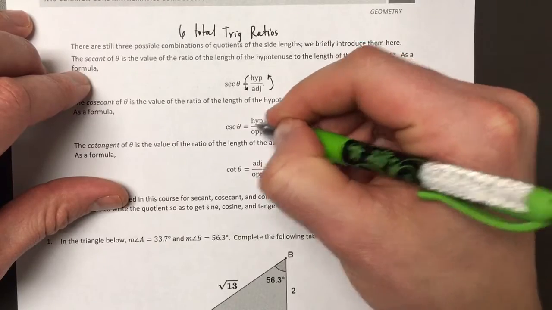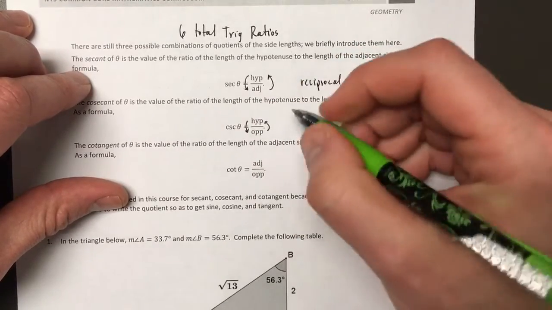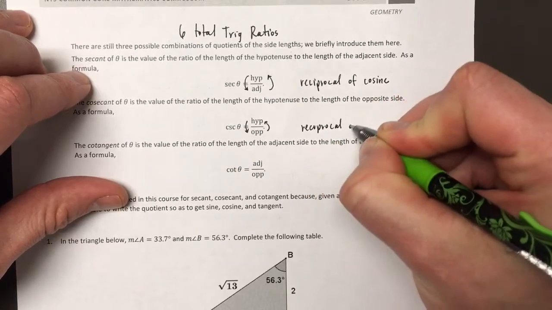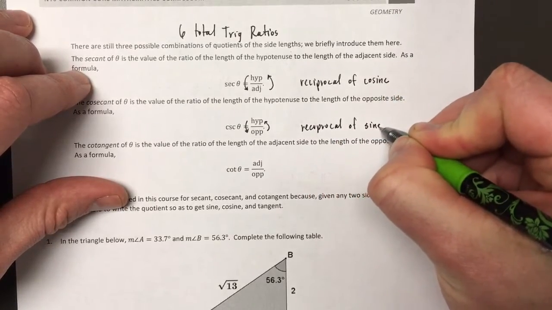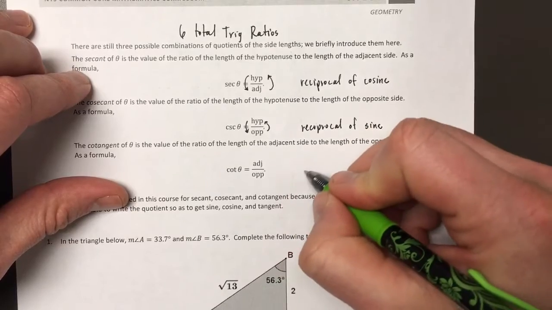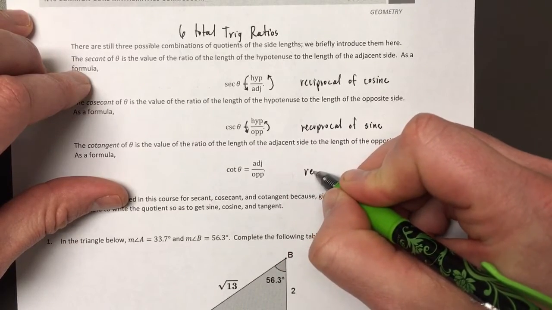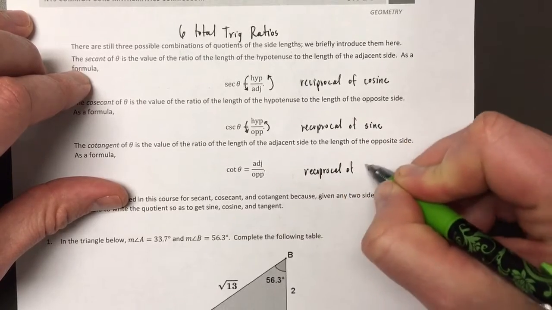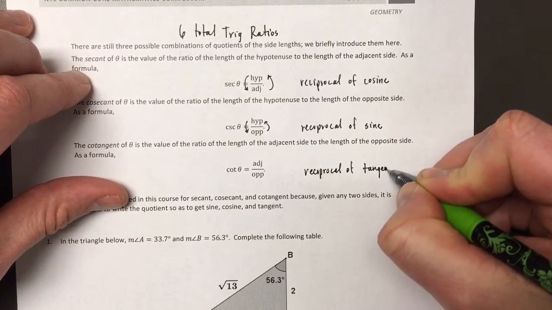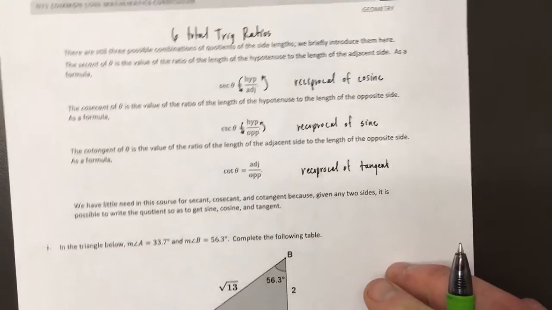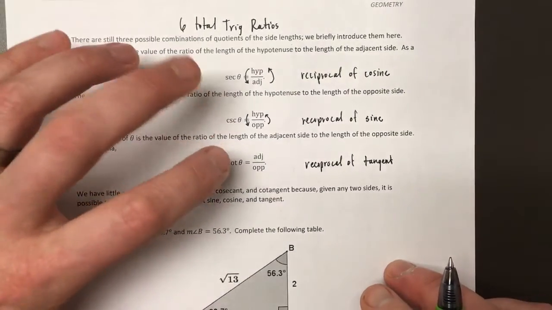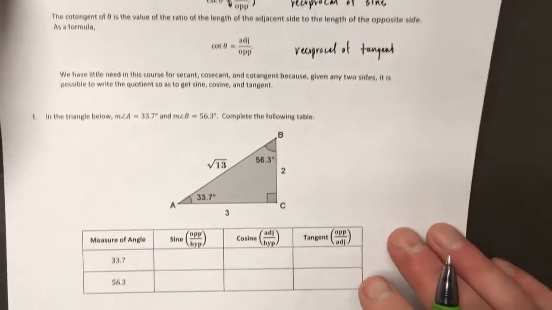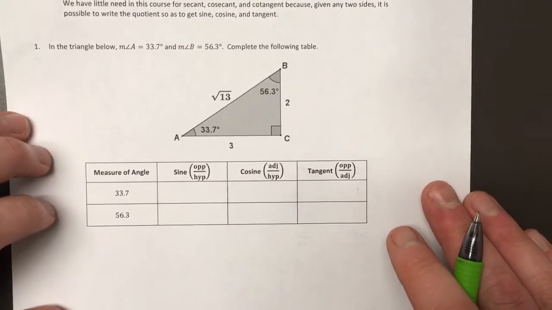Cosecant is the reciprocal of sine, and then opposite over adjacent is the reciprocal of tangent. We are not looking to understand these specific ratios in this course, but I just wanted you to become familiar with them or know that they're there.